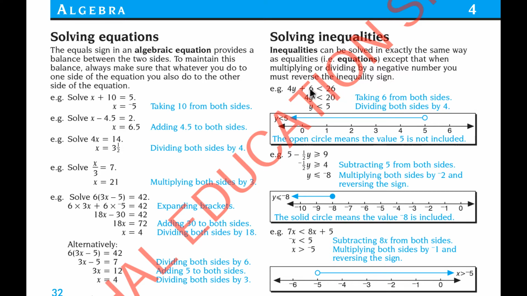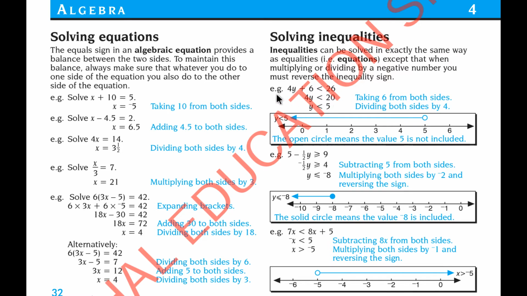Always make sure that if you multiply or divide by a positive number, the sign direction will not change. But if you multiply or divide by a negative numerical value, you need to change its sign.